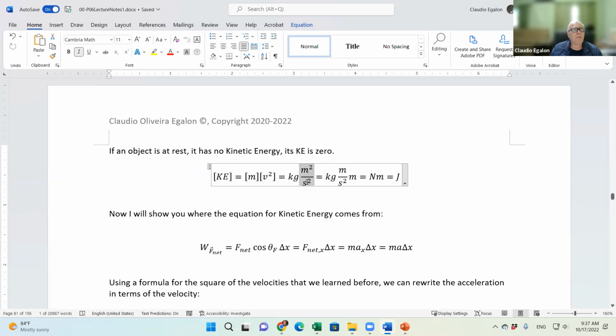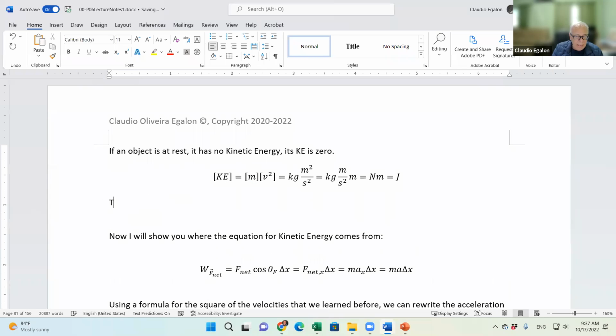The unit of velocity squared is meters squared per second squared, which is kilograms meter per second squared times meter, which is newtons times meter, which is joules. So the kinetic energy has the same unit as work.